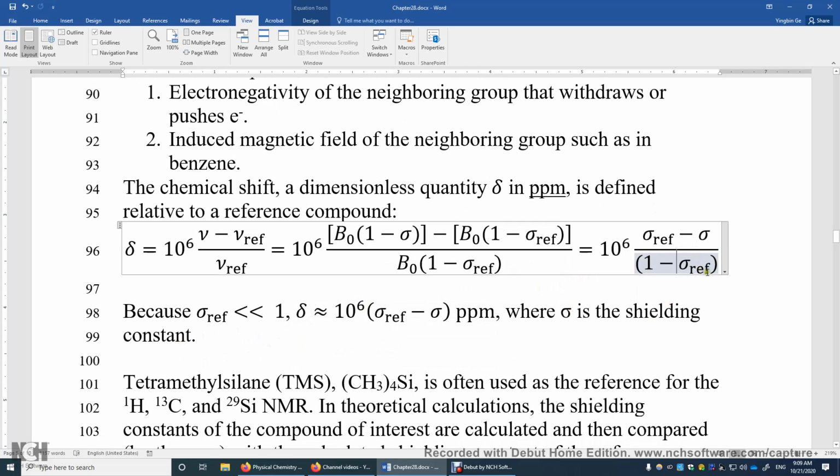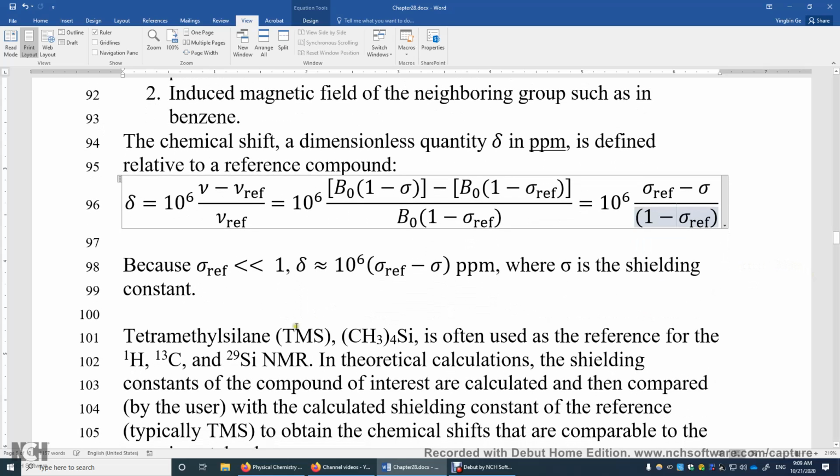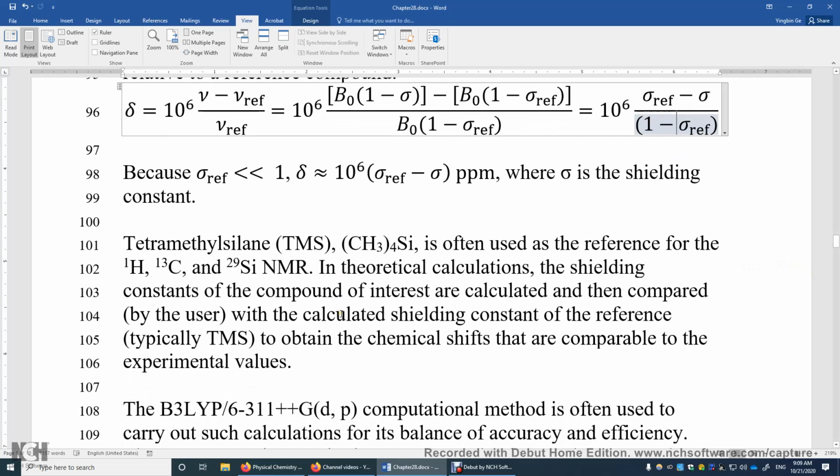All right, so sigma is the shielding constant. Sigma reference is the shielding constant of the reference molecule, and commonly we use TMS. Now I want to tell you how to do the calculations of the hydrogen NMR, carbon-13 NMR, and even silicon-29 NMR chemical shifts.